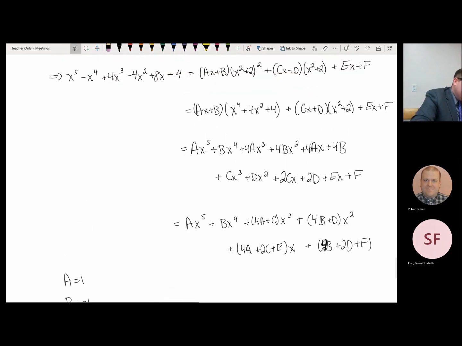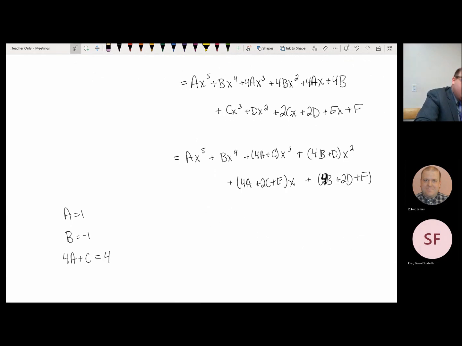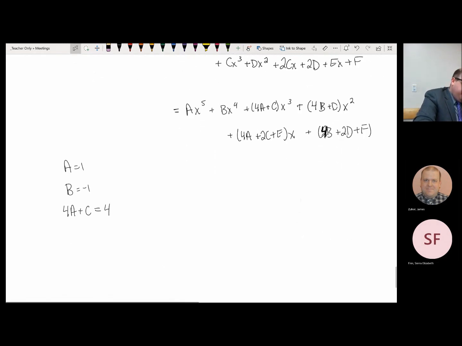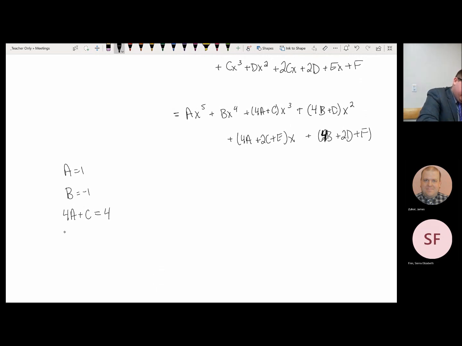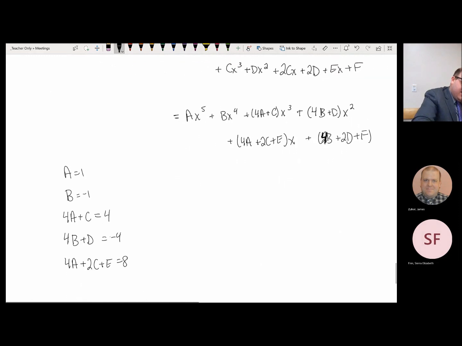4a plus c has to be 4. For 4b plus d has to be -4. For a plus 2c plus e has to be 8. And then 2b plus 2d plus f has to be -4. This system is really easy to solve.